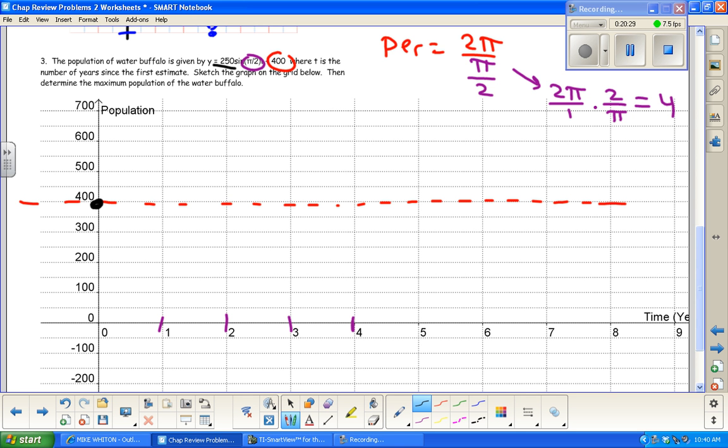So in my first interval, I need to go up 250 more, so I'm going to be up at 650, come back down to where we started, go down 250, get back to where we started, and then start to repeat that pattern. And then we can use that to determine the maximum. So the maximum is going to occur up here, so that would be at 650.